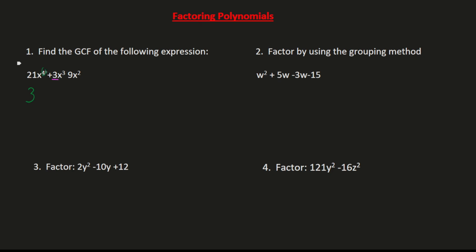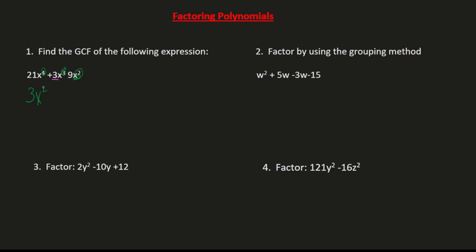This is 4, this is 3, and the exponent for this one is 2. You take the one that has the lowest exponent. So basically, it's going to be 3x squared.